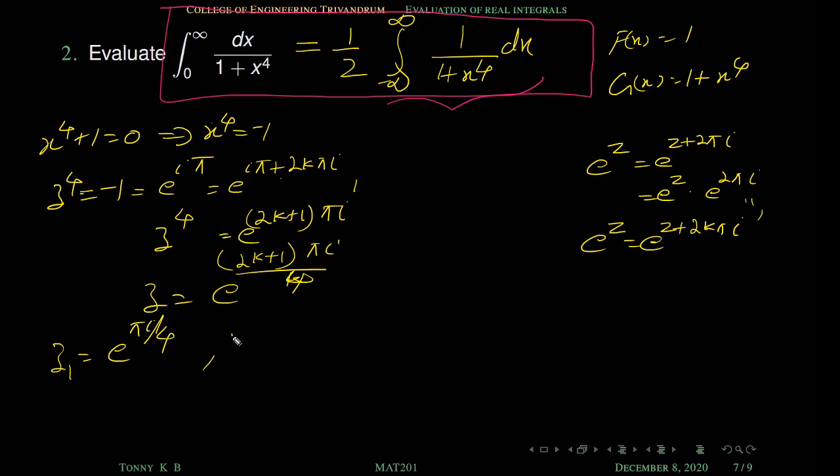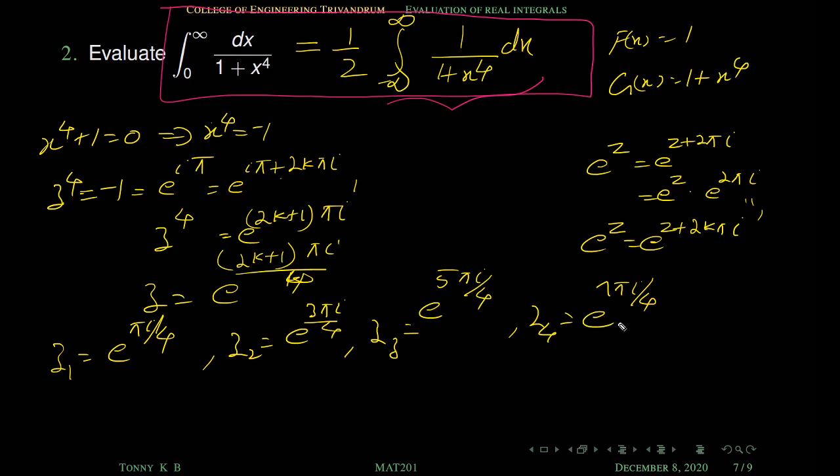And when k equal to 1, this becomes e raised to 3 pi i by 4, and that is corresponding to z2. And k equal to 2, this is 4 plus 1, 5, so e raised to 5 pi i by 4, and z4 is corresponding to k equal to 3. That is e raised to 7 pi i by 4.